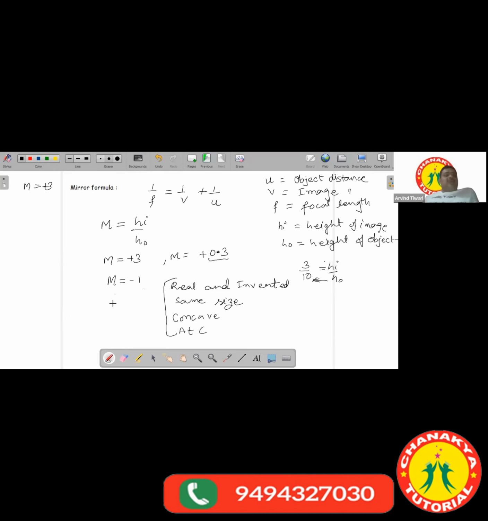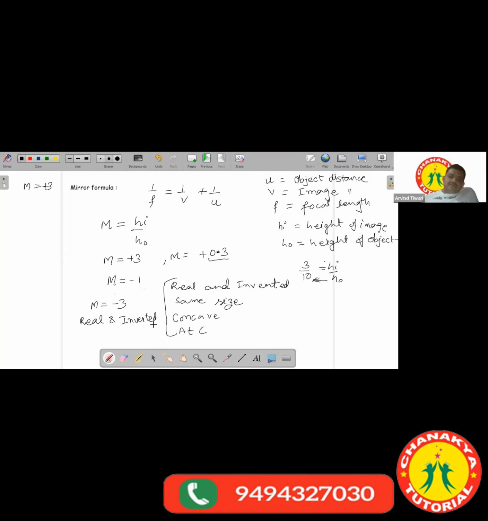Okay. What about this? Suppose you have a magnification equal to -3. Joha, can you answer? First of all, which type of image is this? Real and inverted. And what about size?